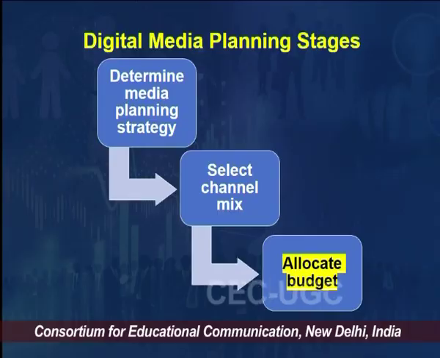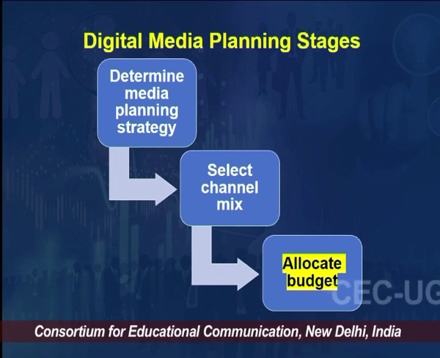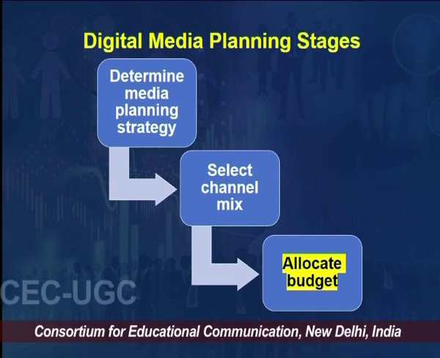So, coming to the third stage of your digital media planning, which is allocating budget. So, after selecting the channels in accordance with various stages, now we have to allocate, we have to divide the budget across the mediums. How this would be done?